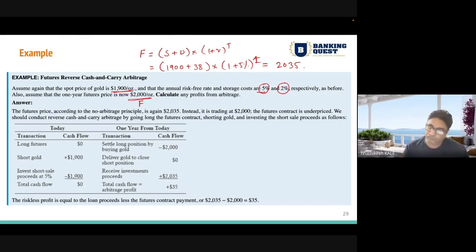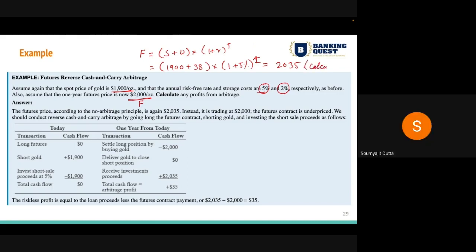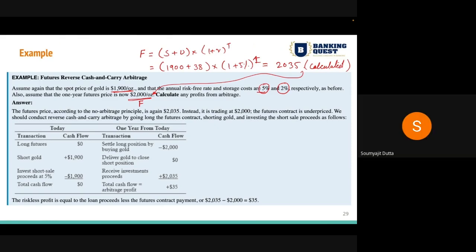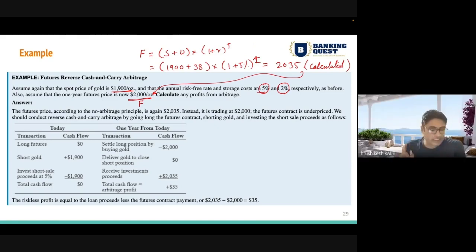Now, guys, this is the calculated price, right? And the actual is 2000. Tell me whether an arbitrage opportunity exists. Because of the difference of 35, there is a difference, therefore an arbitrage opportunity exists.